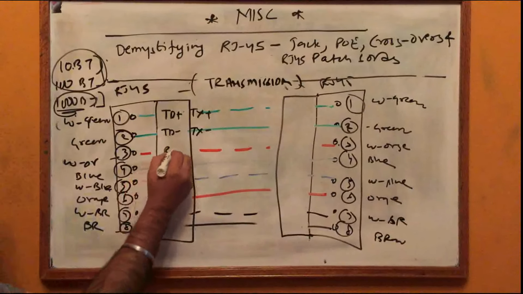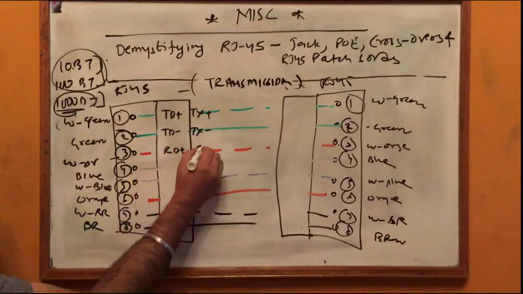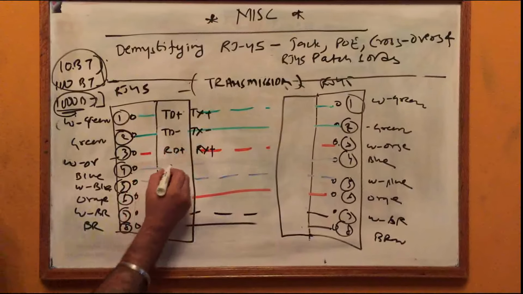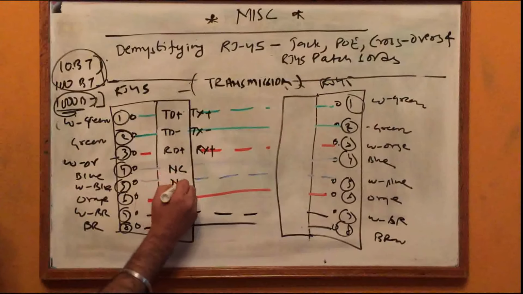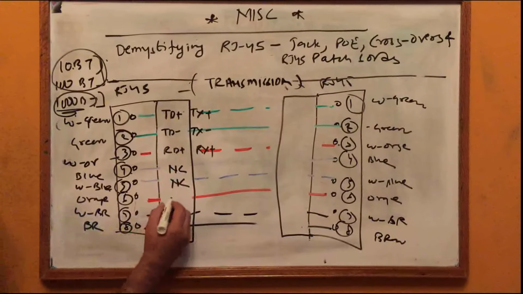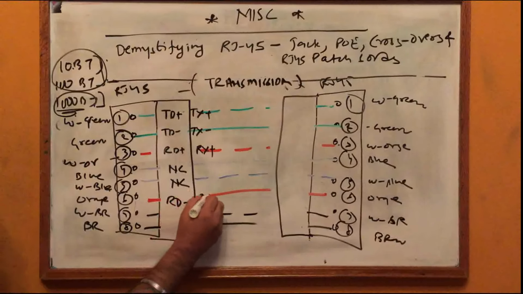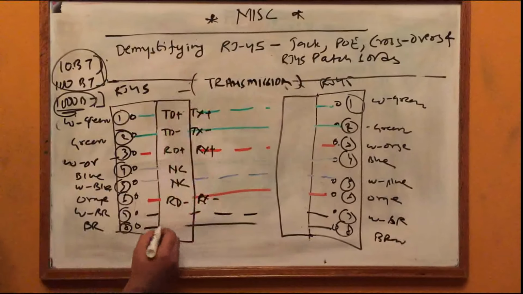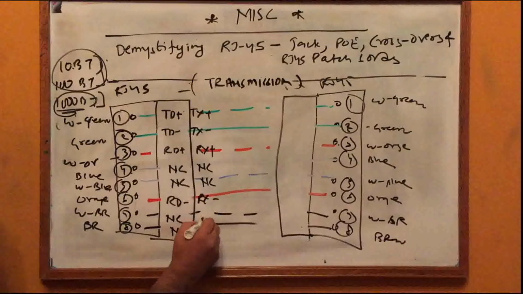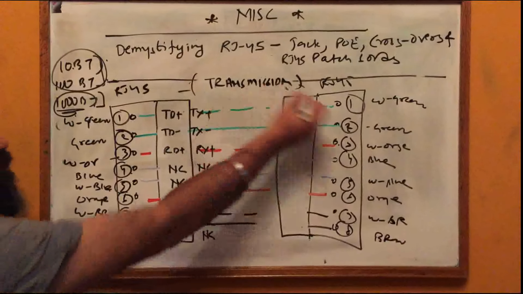Pin 3 is RD plus, or RX plus. Pins 4 and 5 are NC. Pin 6 is RD minus, or RX minus. I will explain all of these terms to you. The remaining pins are NC as well. NC means not connected. The same is true here.